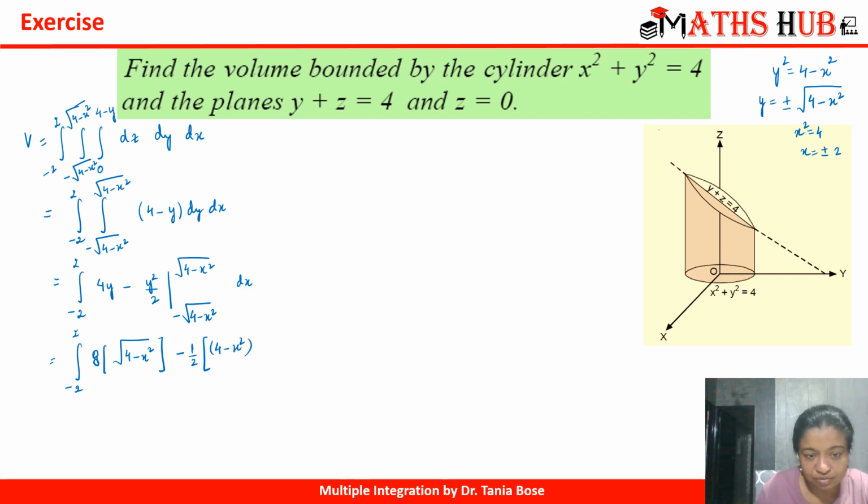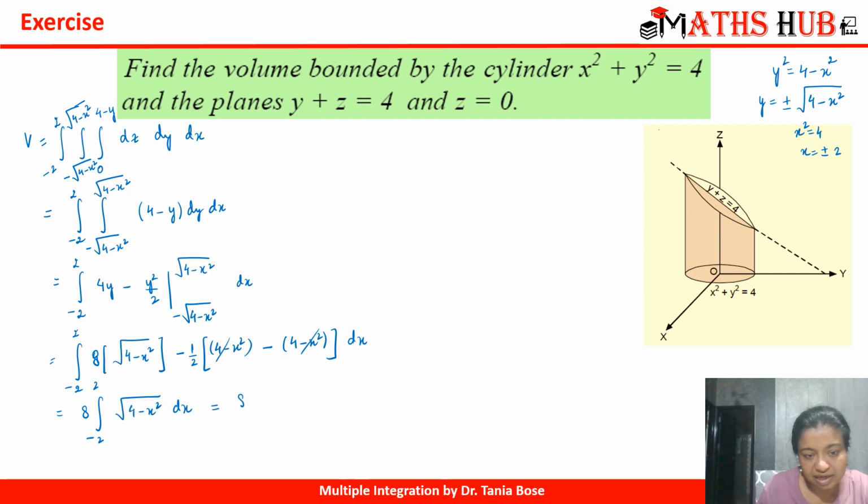So square and under root will go, and minus. This whole square is again 4 minus x square, right? So these two terms will get cancelled. And I have integration with respect to x. So I can take out 8 common. Now I have minus 2 to 2 under root of 4 minus x square dx.